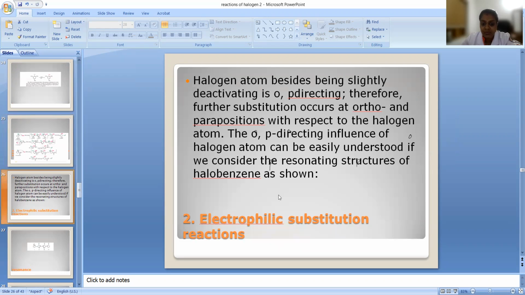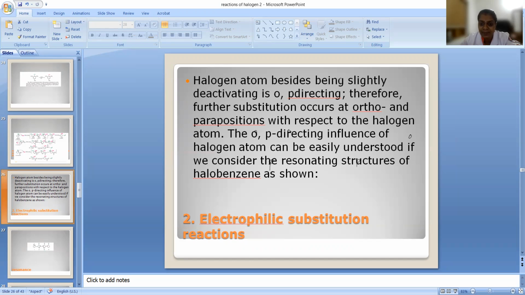Next, electrophilic substitution reaction. It will undergo electrophilic substitution reaction easily because it has an electron-rich center. Electrophilic means the incoming group, the electrophile, has a positive charge, right?